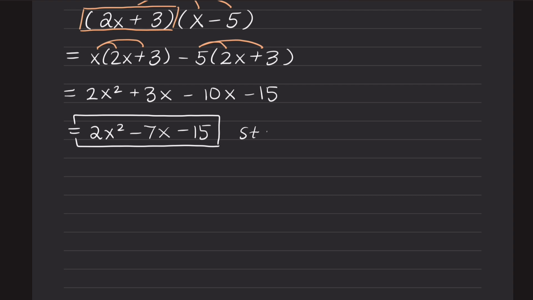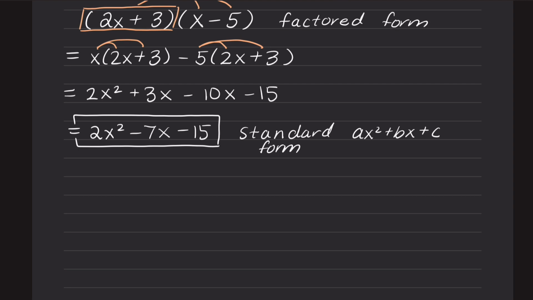I'm just going to make a comment that this is standard form, which is ax squared plus bx plus c. I have this polynomial in descending degree, right? And then up here, this is actually called factored form, before we distribute and we have it written as a product.